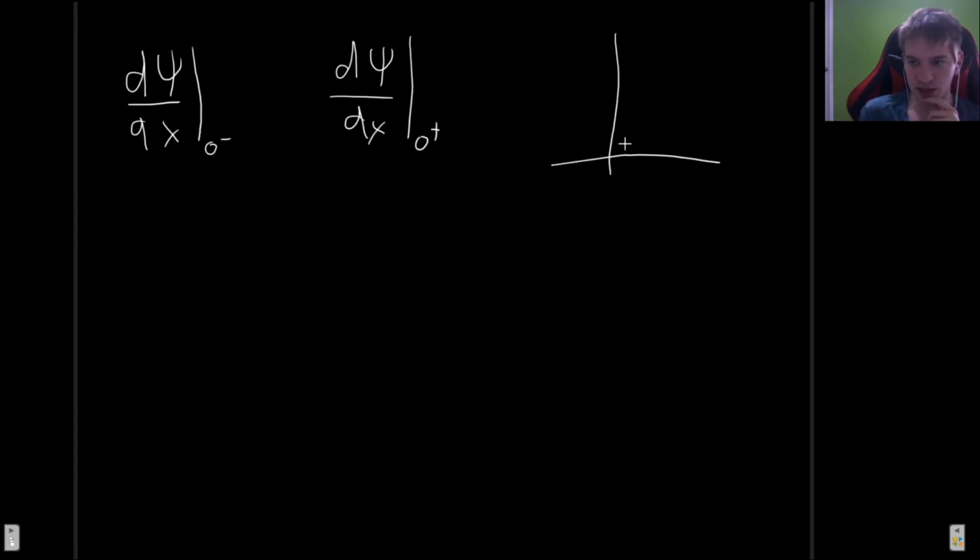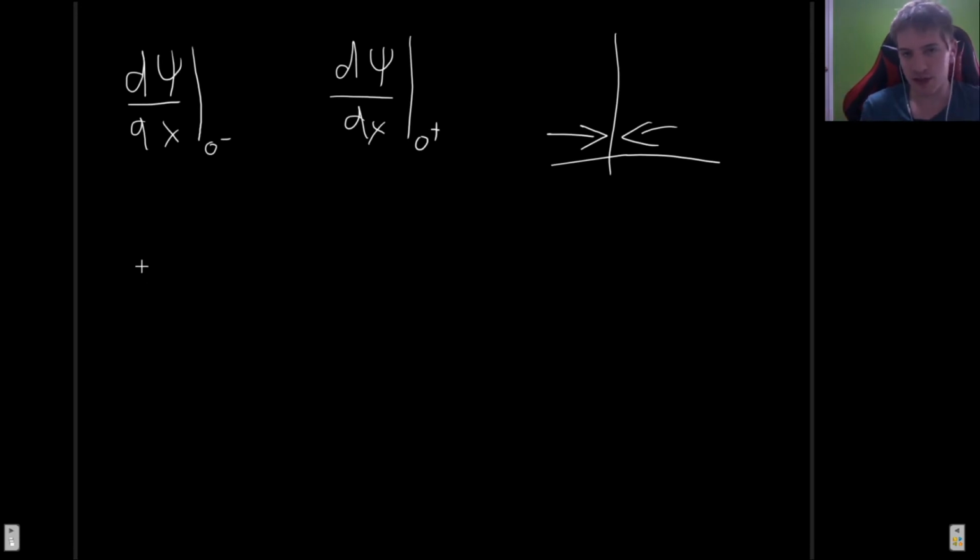So if we have our discontinuity here at 0, we want to know what's going on as we approach from the left and as we approach from the right. Where could we find an expression that gives us this information? Now, obviously, this is somewhat of a trick.